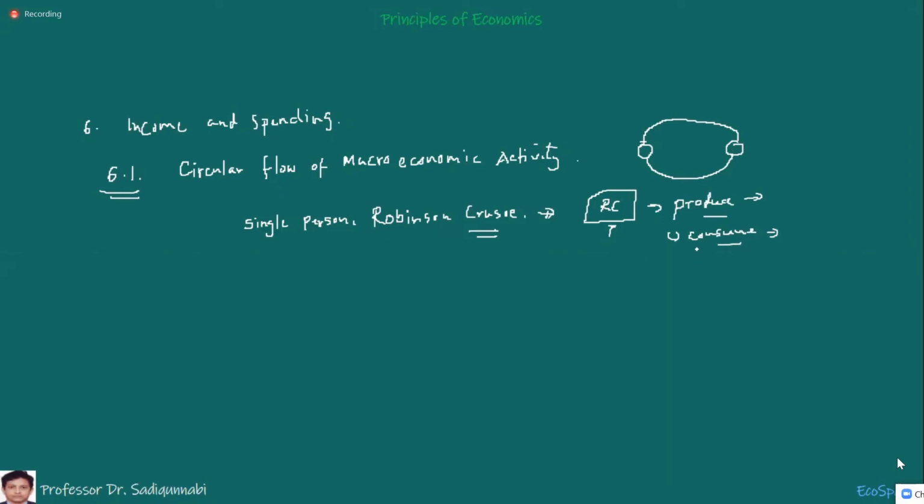This may be called a one sector economy, where the producer and the consumer are the same person. No other person is there. Now this is actually not realistic.